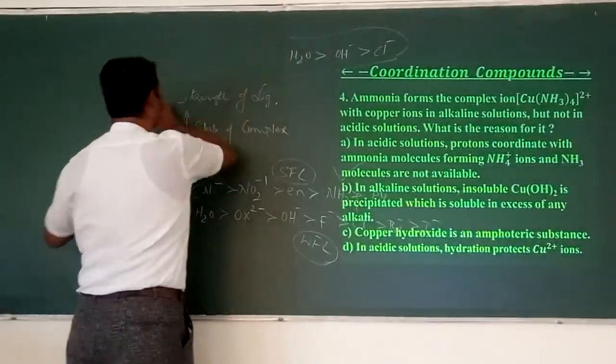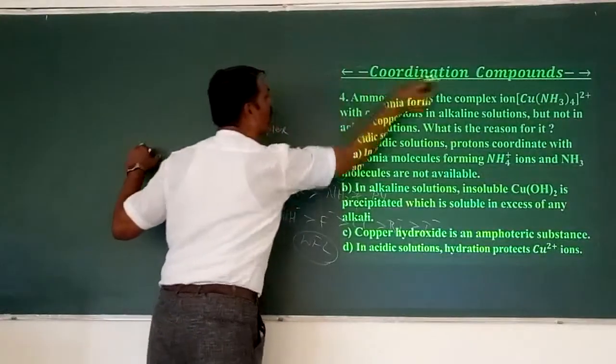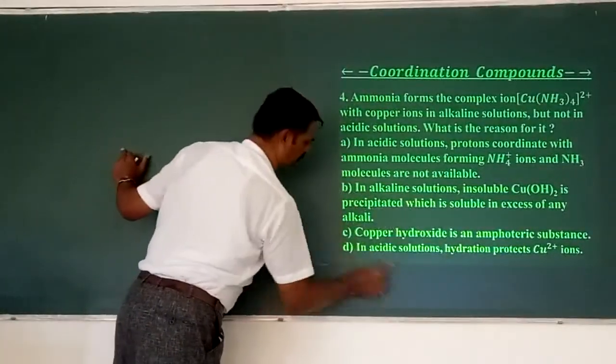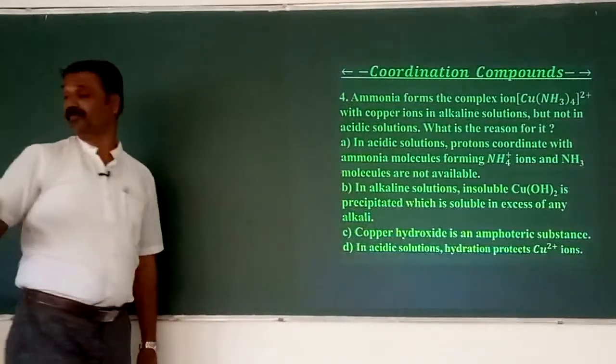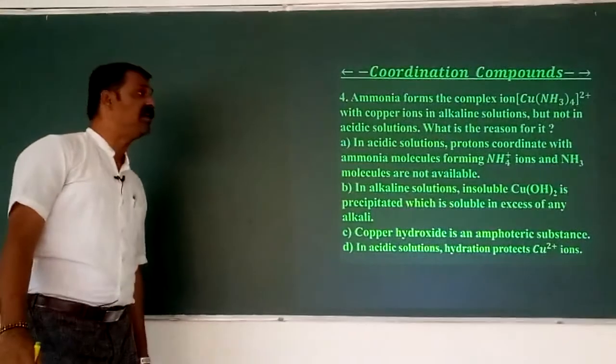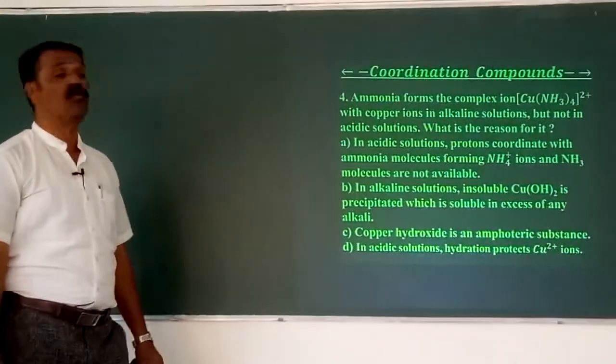So next is, ammonia forms the complex ion Cu(NH3)4 2 plus with copper ions in alkaline solution but not in the acidic solution. Why? What is the reason for this?